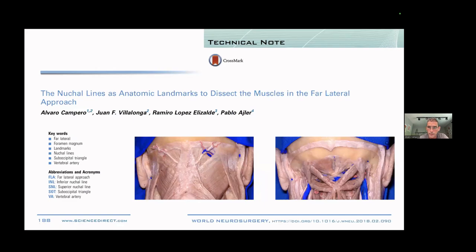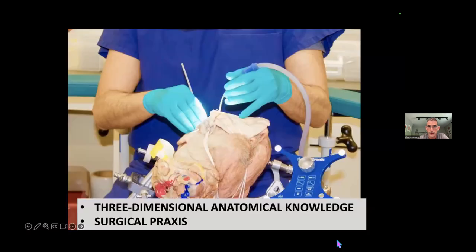So some years ago we published this paper that you can read in World Neurosurgery about the utility of the nuchal lines as an anatomical landmark to dissect and find the V3 segment of the vertebral artery.